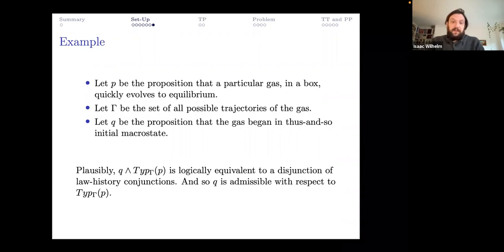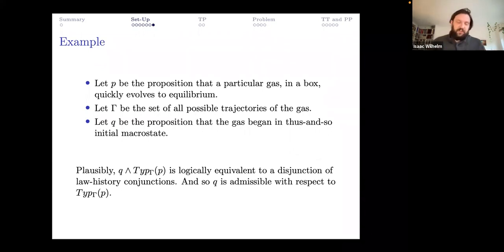And then Q, the proposition that the gas began in thus and so initial macrostate, is itself logically equivalent to a big disjunction of a bunch of possible histories: the gas began in this microstate or this microstate or this one, going over all the microstates in the macrostate in question.